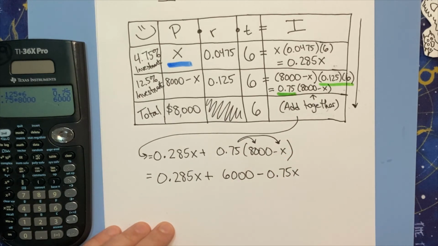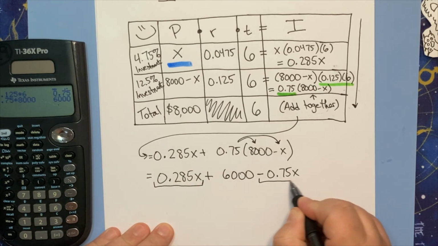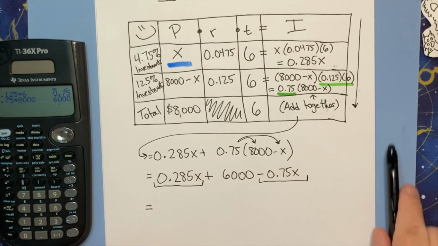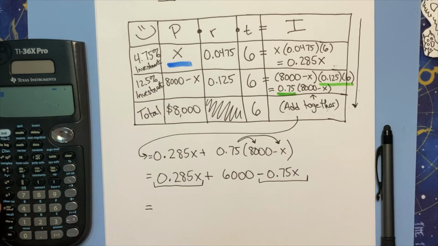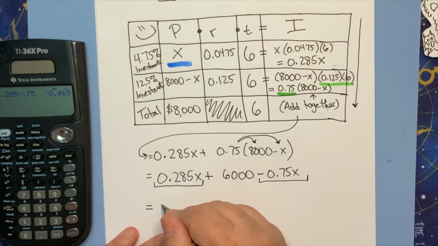And then I can combine this and this. And for a moment, it's going to be a little bit uncomfortable because we're going to add these two together, or subtract them in this case, 0.285 minus 0.75, and then we realize, oh my goodness, it's negative.